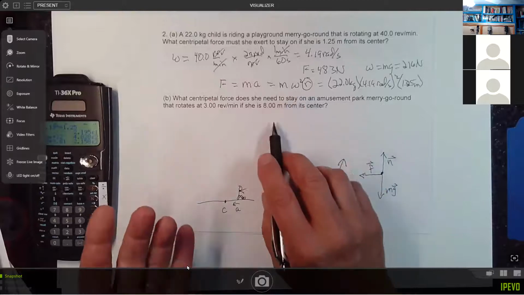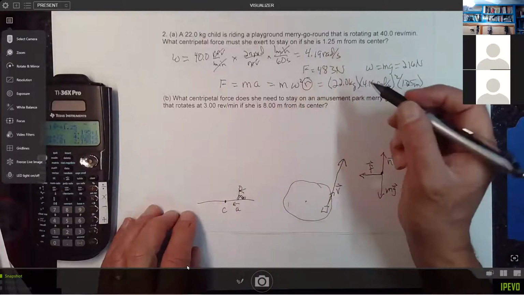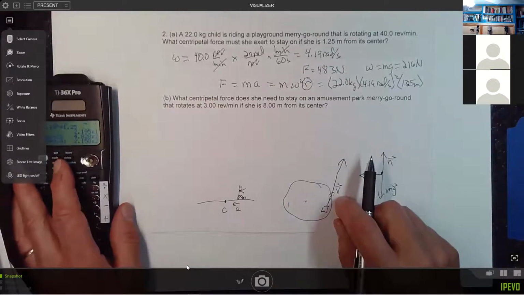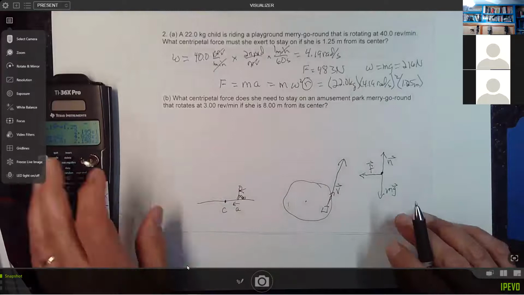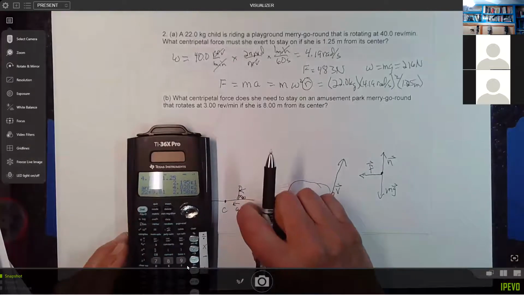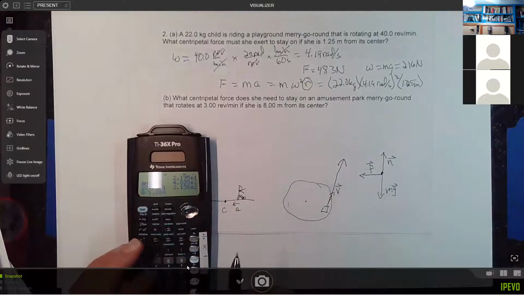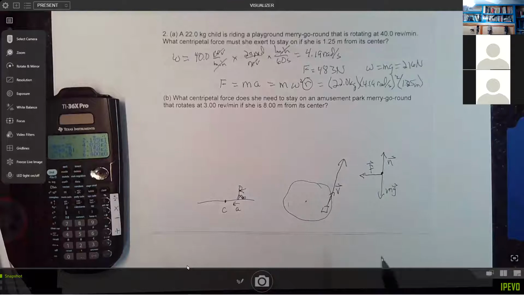So if you're 8 meters and it was spinning at the same speed, as opposed to 1.25, you'd have whatever 8 divided by 1.25 is. It's about 3 times as much or more than 4 times as much. Let's see. Yeah, 6.4 is how much it happens to be.